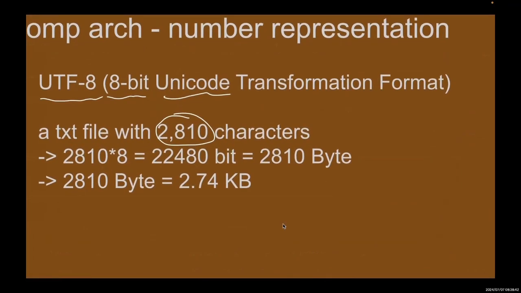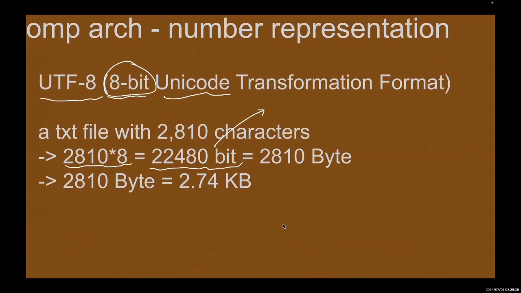And so each code is 8-bit. Every character is 8-bit, right? And I have 2810 characters, so it's literally 22480 bits. So actually it takes like 22,000 switches in my computer to represent this text file.